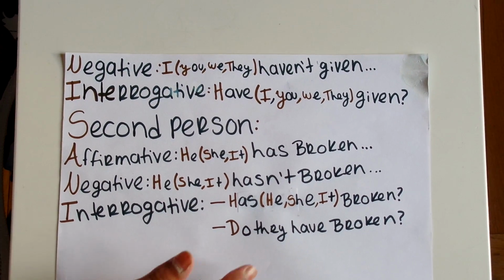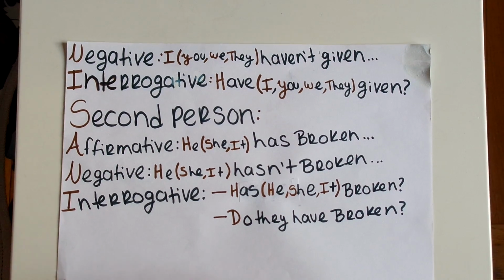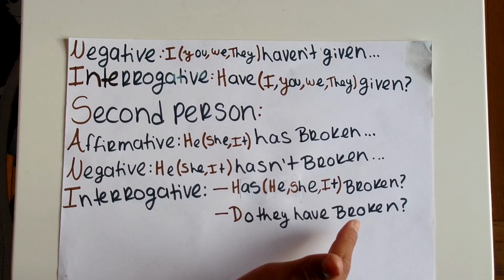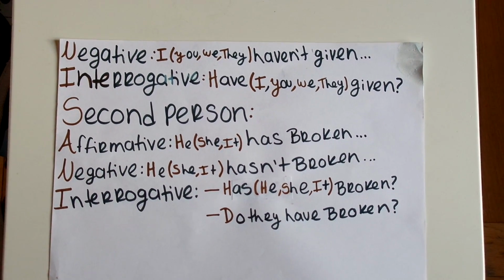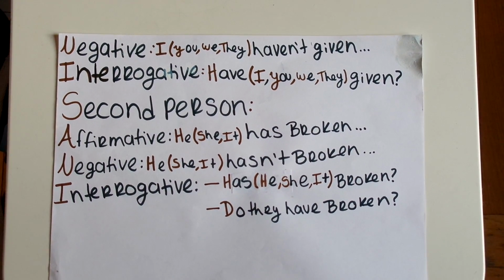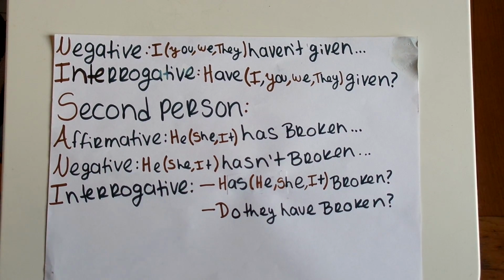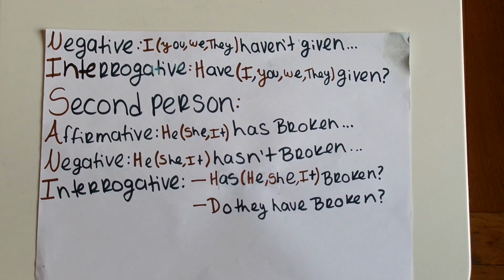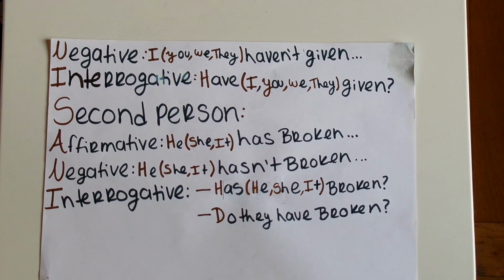Having a subject of they, a connector of have, and a verb of broken. So that's all. Here we can again see two connectors that are do and have. And okay, that was all.